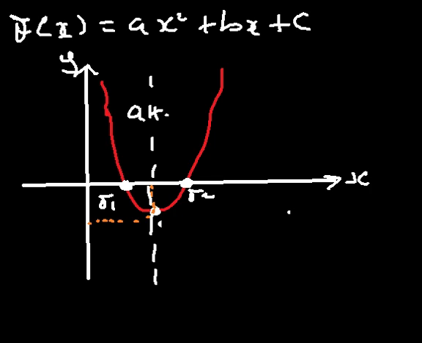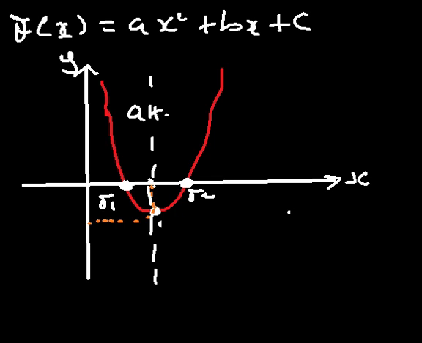You can see that the line of symmetry passes through the x-axis, and the value along that x-axis is the x-coordinate at the turning point.